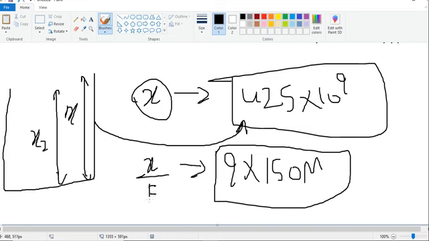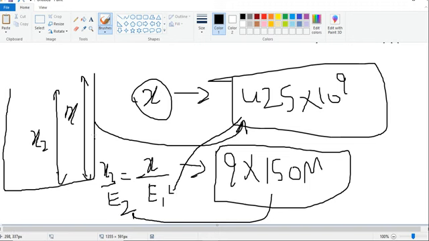E1 is our first energy. So we may make a fraction. What will be x2 if we have E2? E2 is this, E1 is this, and x1 is also known, so we can find x2. I will show you in the solution.